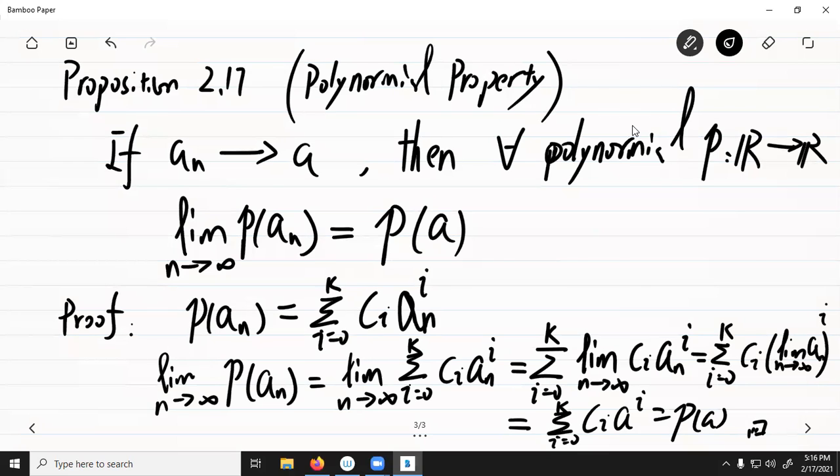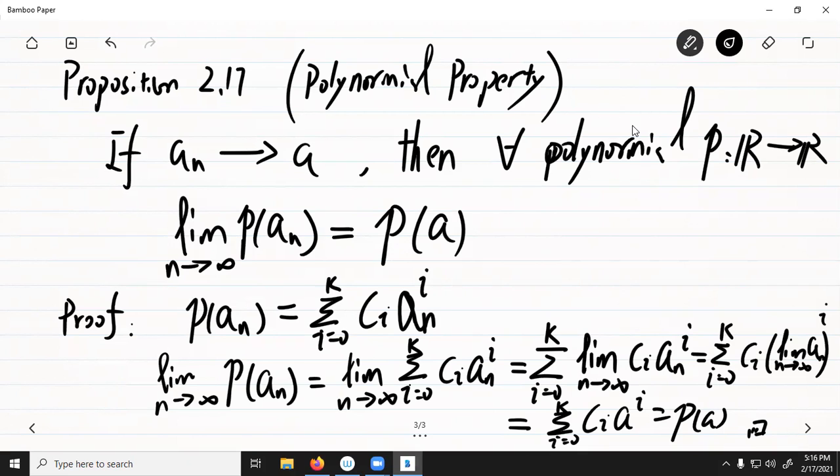In this section we have many techniques, especially how to use the N-epsilon language to prove some limits.